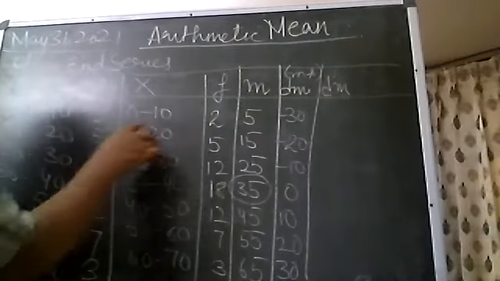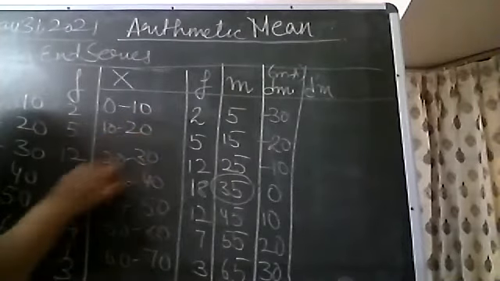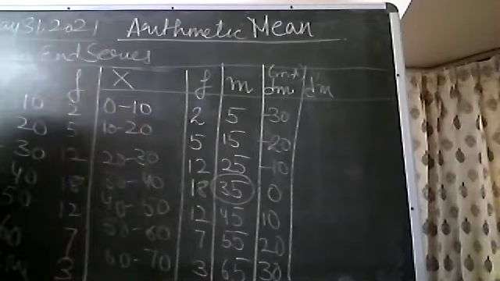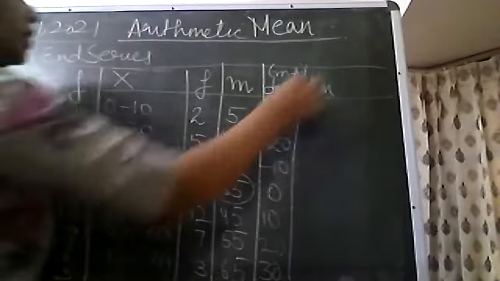Now because you can see 10 is a common factor here. Common factor in case of continuous series is always equal to the size of class interval. So in this case, size of class interval is 10. So we will divide dm with 10.